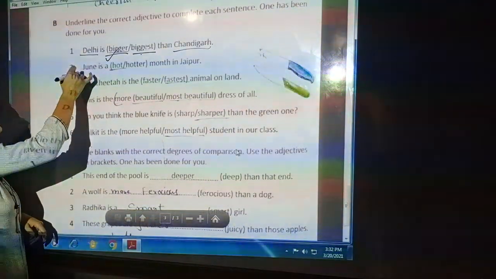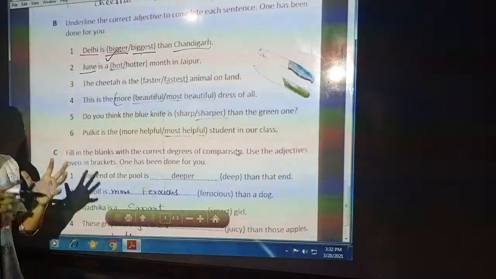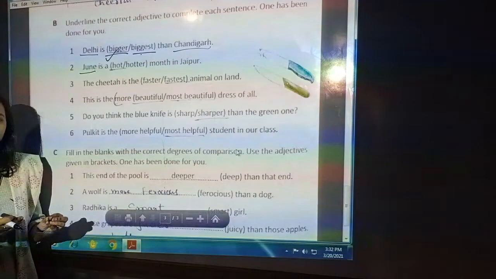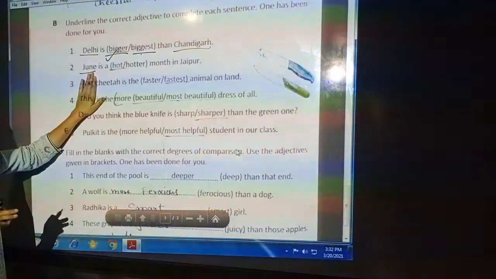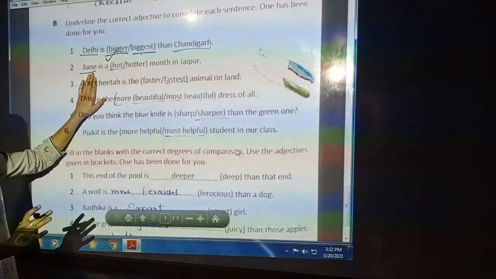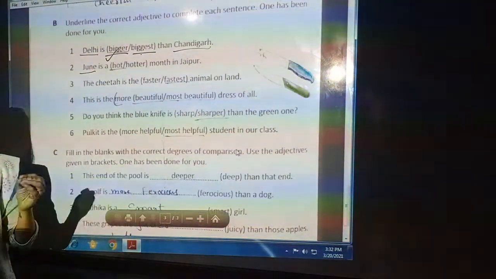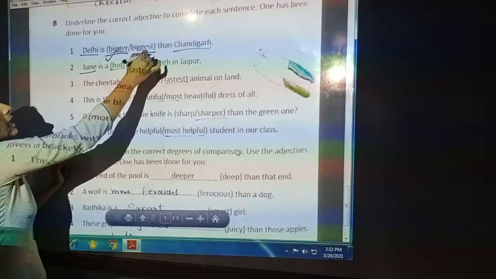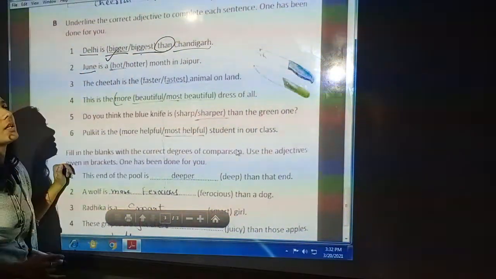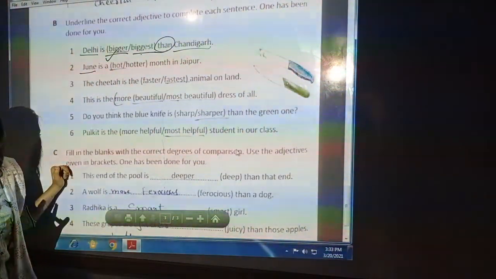So for June, no other noun has been compared. So that is positive degree. If no comparison is done, that is positive degree. How will you come to know that comparison has been made or not? When you see then is used for comparative degree only.